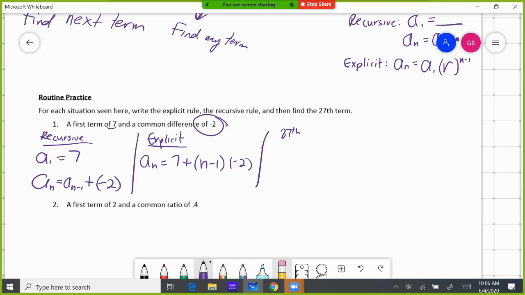And then the 27th term, I'm going to use the explicit formula and I'm going to substitute into it. So a sub 27 is 7 plus 27 minus 1 times negative 2.